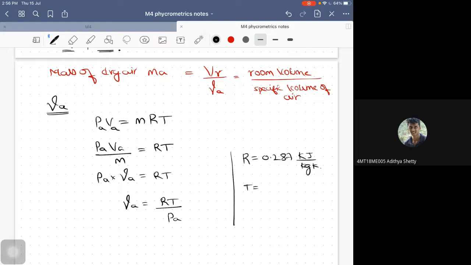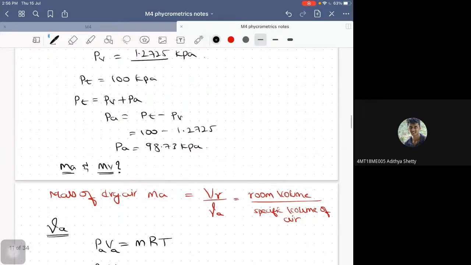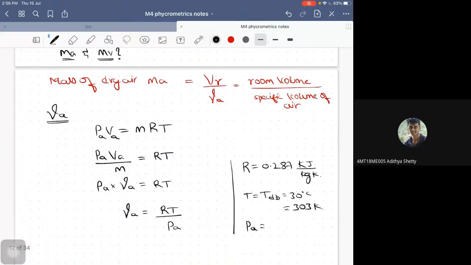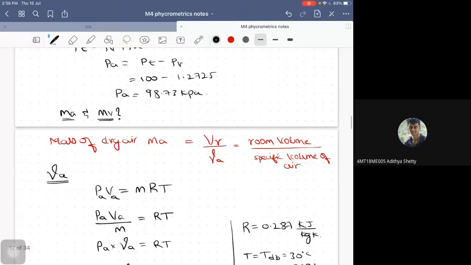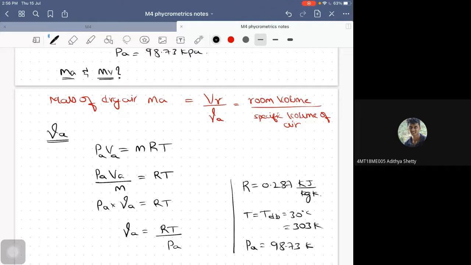T value is the dry bulb temperature, which is 30 degrees Celsius, nothing but 303 Kelvin. And PA value is 98.73 kPa.